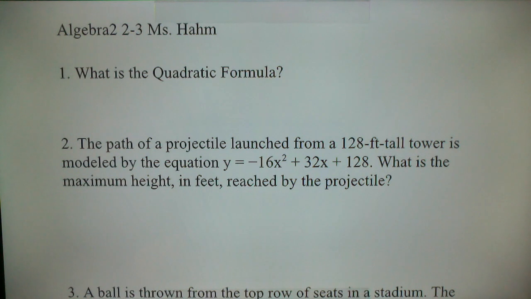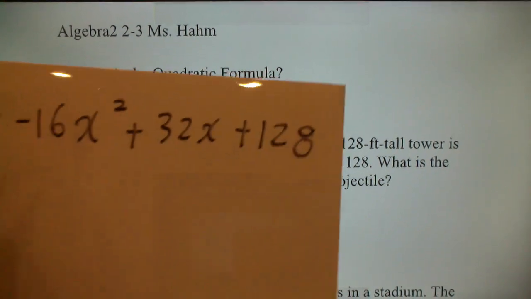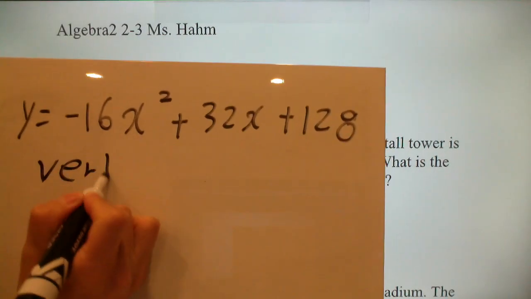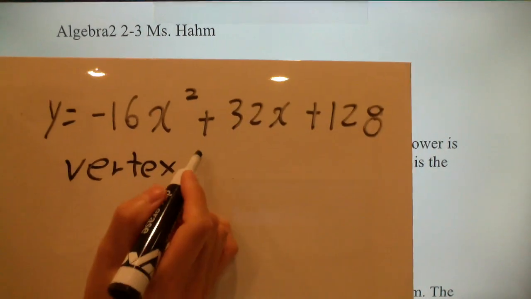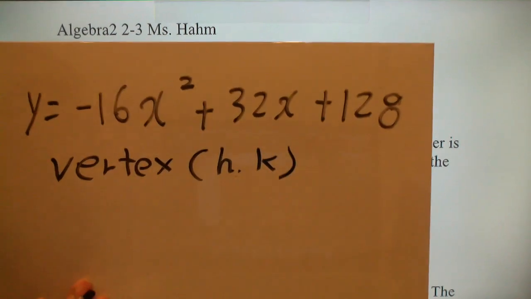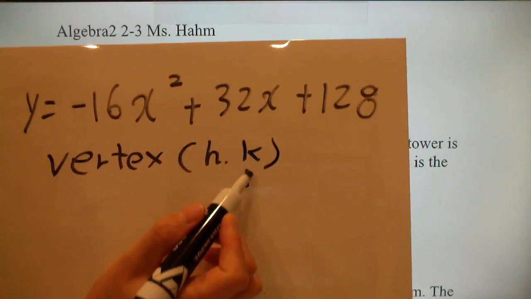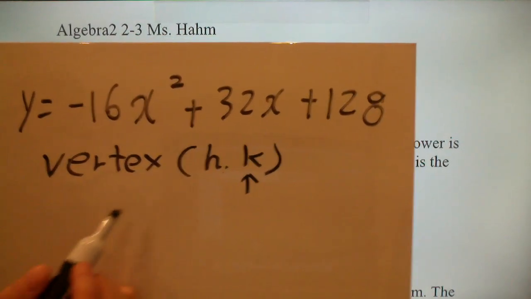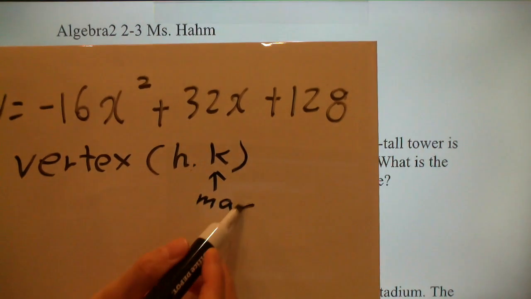So what do we need to do? Find the vertex, and let's say vertex is H and K. We'll find the vertex and the K value is the maximum. Okay?